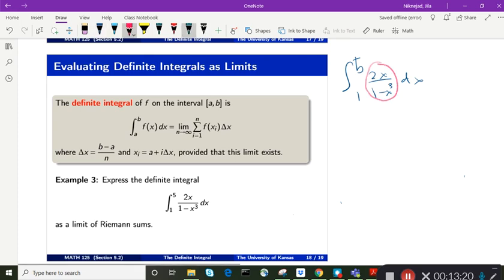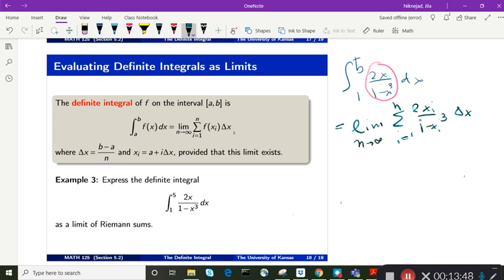So as I'm writing the other side of the story, let's replace the function first. Limit, sigma i equal to 1 to n. I'm supposed to have f of xi: 2xi over 1 minus xi to power 3, and delta x. Okay, so I replaced the function. That was nice. Oh, I forgot the n to infinity.